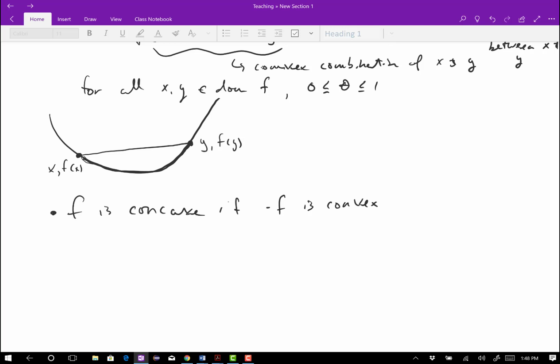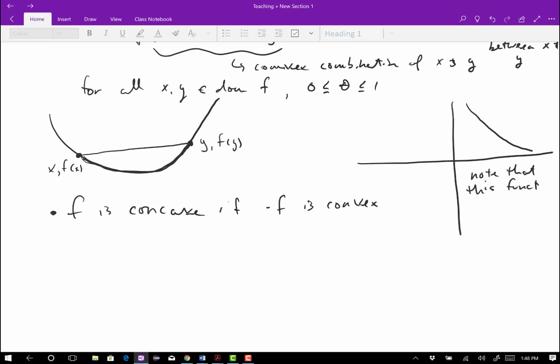One thing to note with respect to a convex function, for example, is that the function can be decreasing monotonically but is still convex. The reason it's convex is because it has positive curvature.